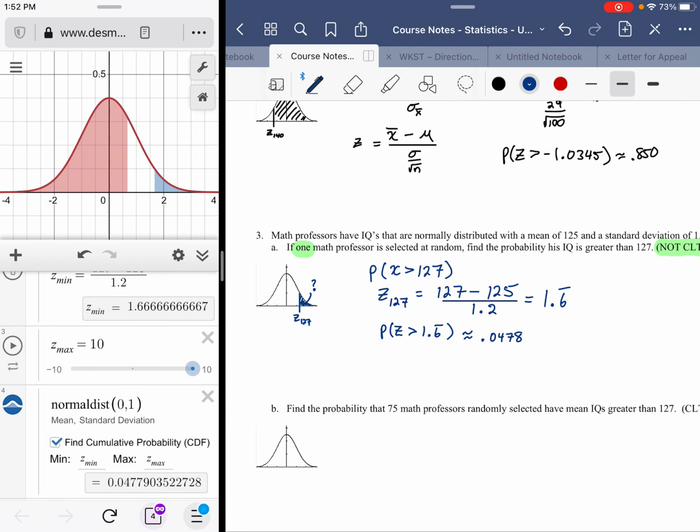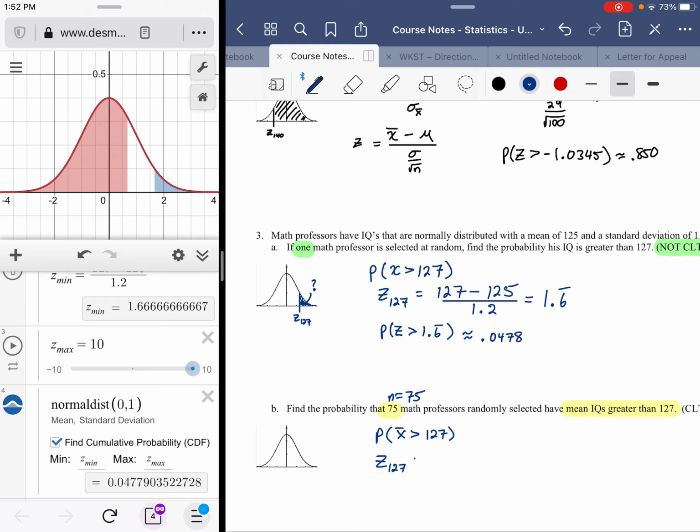Now, to get a cluster or a group of 75 individuals, so now n is 75, we want to have mean IQ greater than 127. So that's asking us to find the probability that x bar is greater than 127 for these individuals.